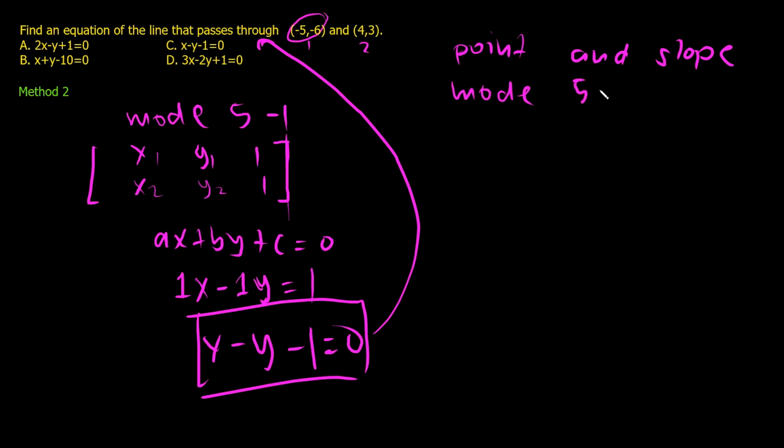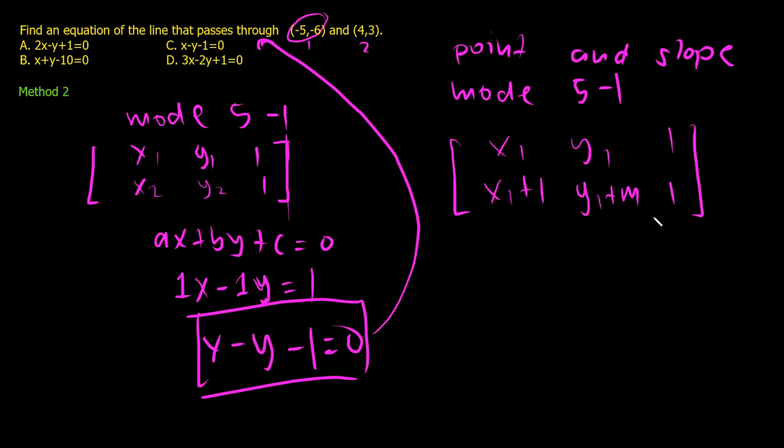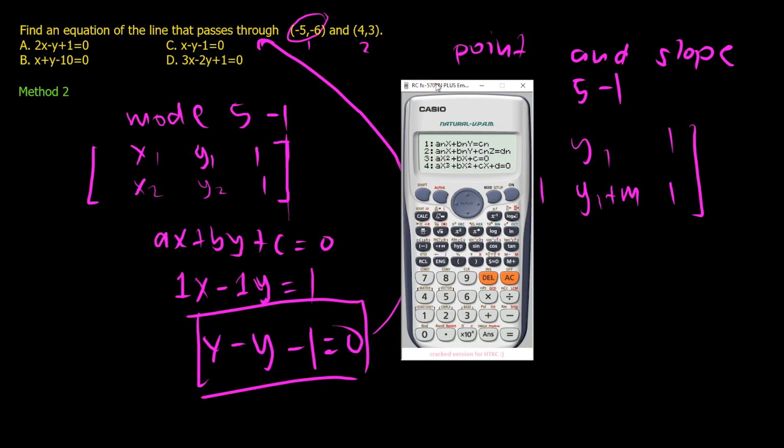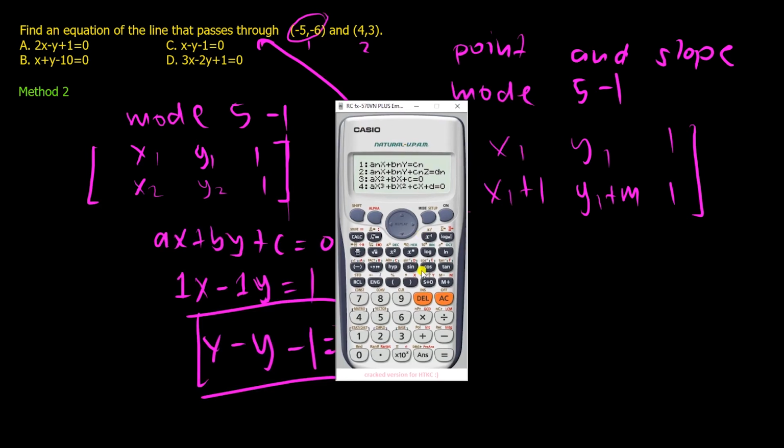So mode 5-1, and the format is x1, y1, 1, then x1 plus 1, y1 plus slope, 1. Let's try this on the earlier problem. Let's solve for the slope first, so we can at least verify that it still matches.